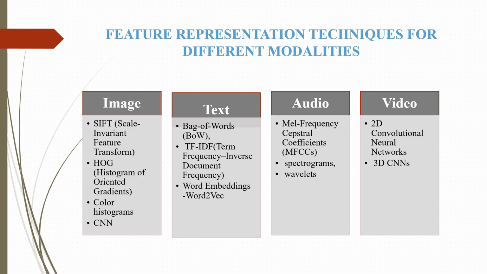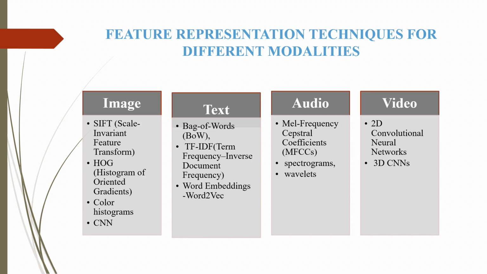Like that, we have different kinds of methods for extracting the image features. Directly, we cannot extract the features, so we have different techniques to extract them. Same way, for extracting the textual data, we have bag of words, term frequency, inverse document frequency, word embeddings.